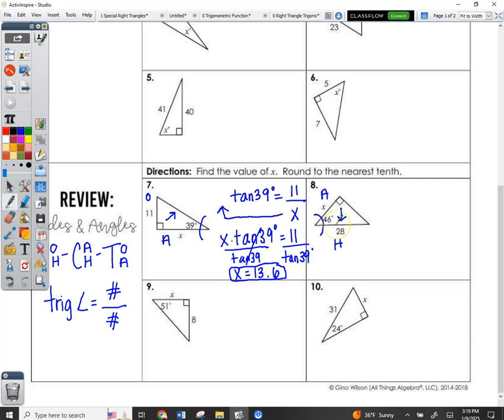So then go over there to your trig functions and say, okay, which one's adjacent and hypotenuse? Which trig function uses adjacent and hypotenuse? Oh, cosine.